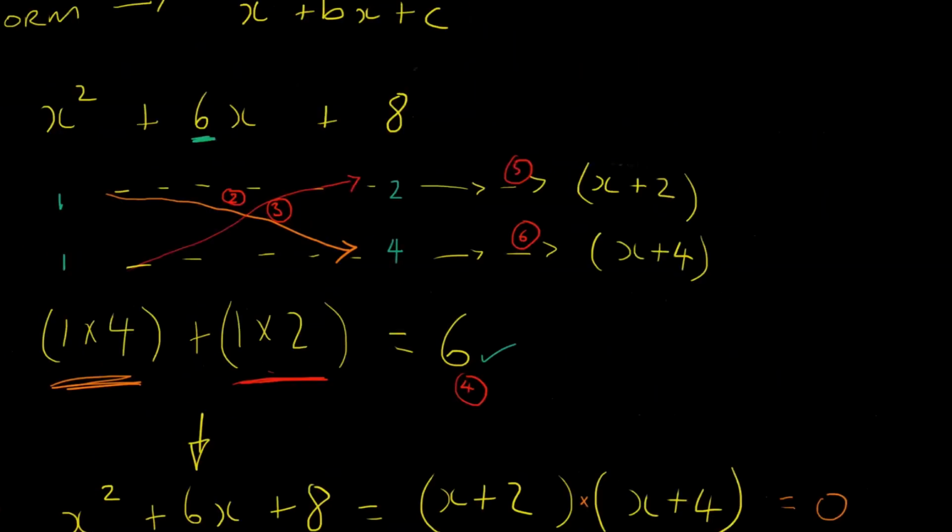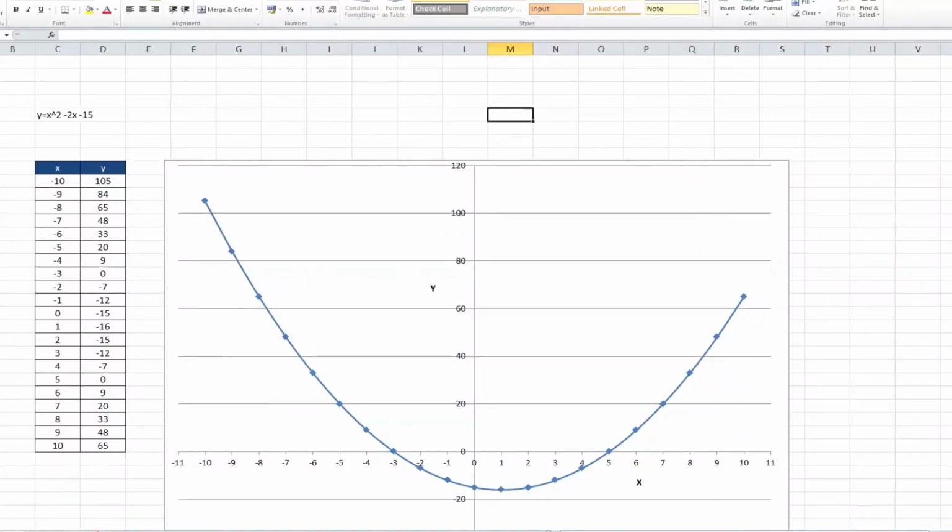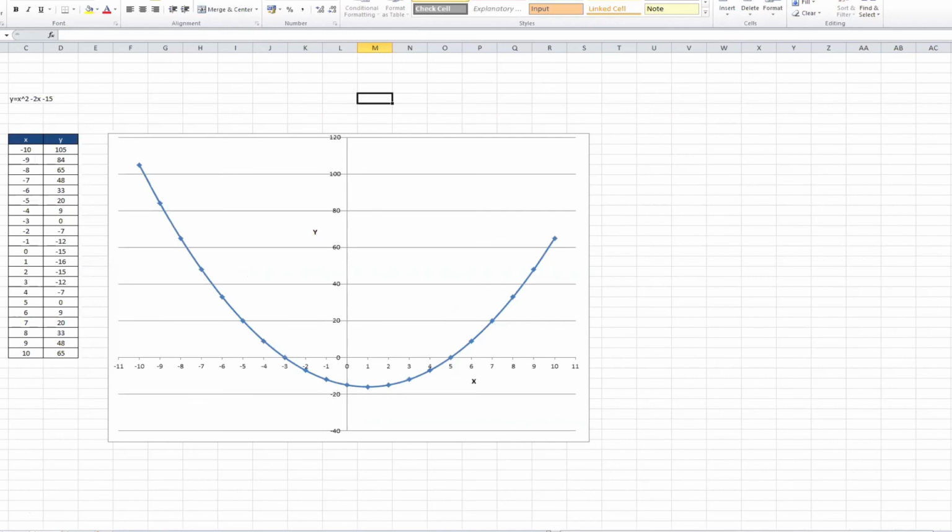So I'm going to take this original equation, and I'm a person who doesn't know how to factorize. I don't know how to solve equations. So what do I do?